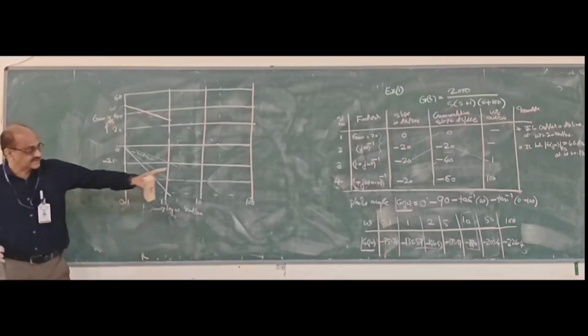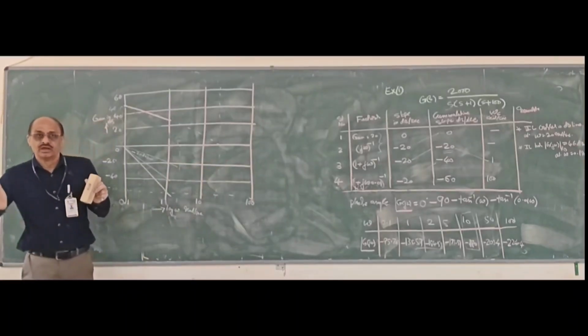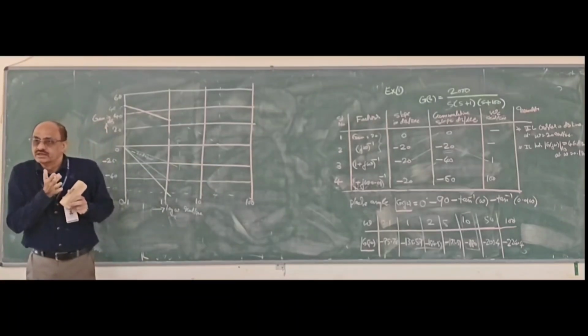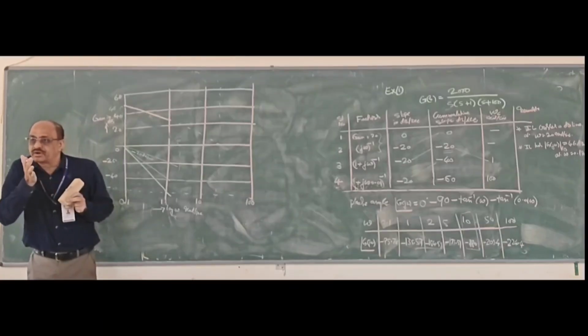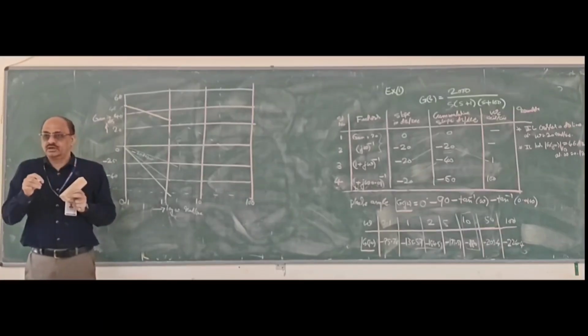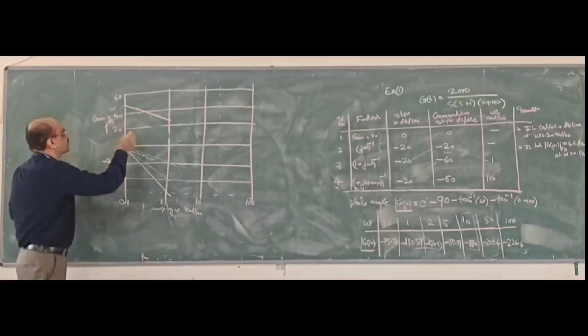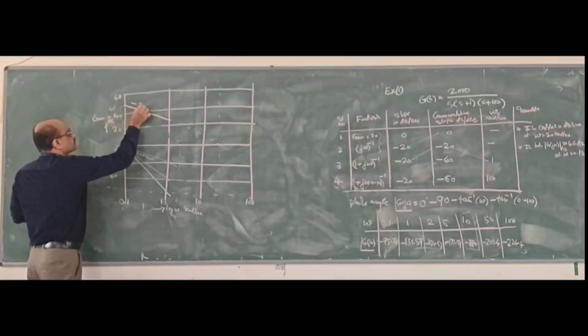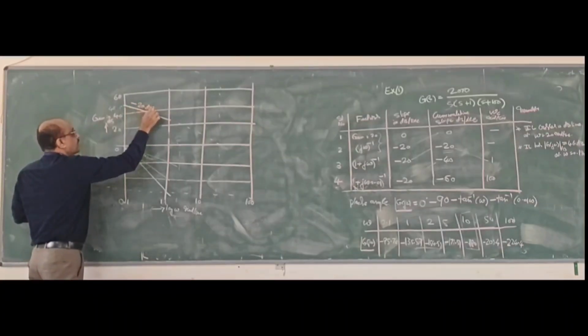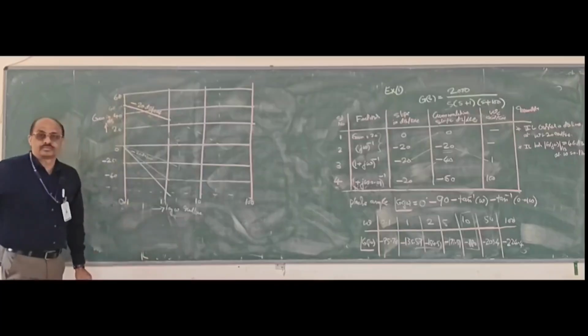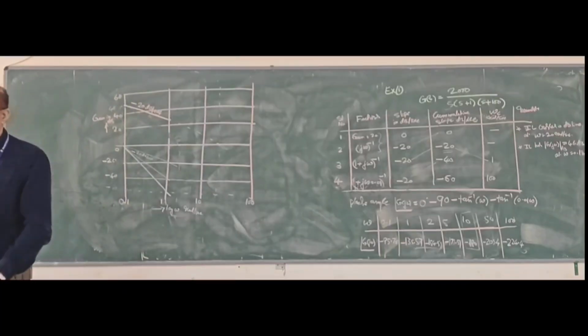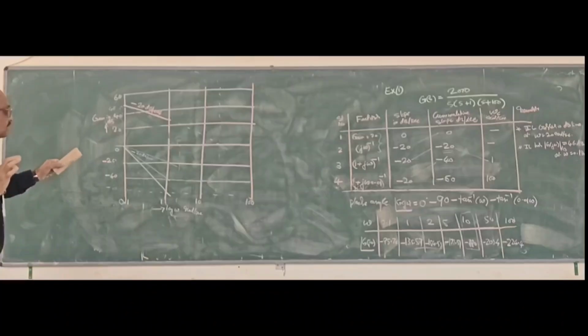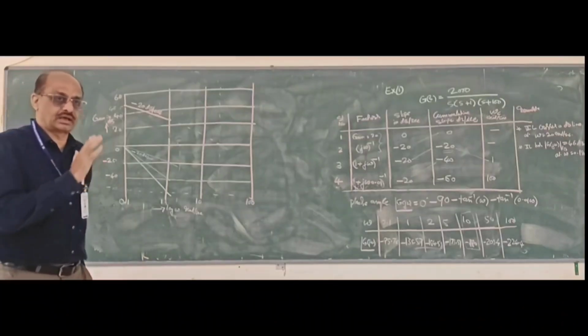Till 1 radian per second, it is minus 20 dB per decade. Okay? So make it a thick line and write on that minus 20 dB per decade.